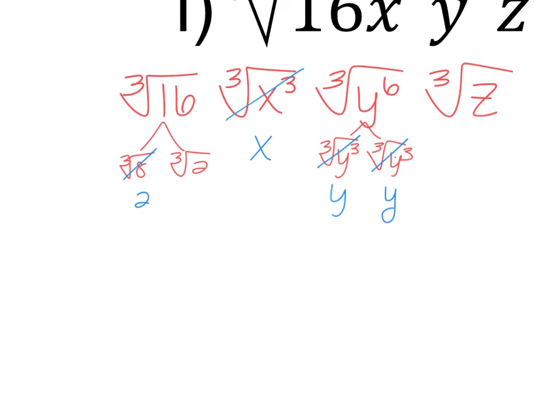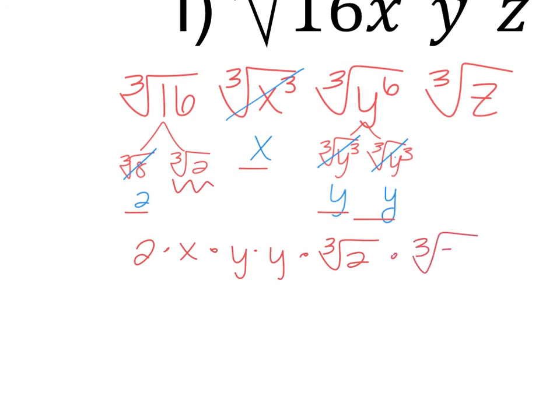All right, so now you have 2 times x times y times y times the cube root of 2 times the cube root of z.